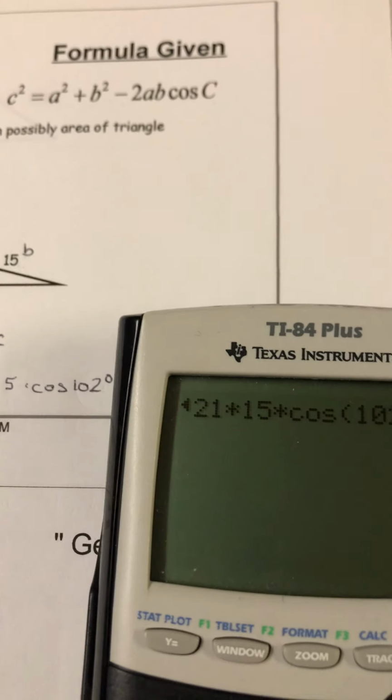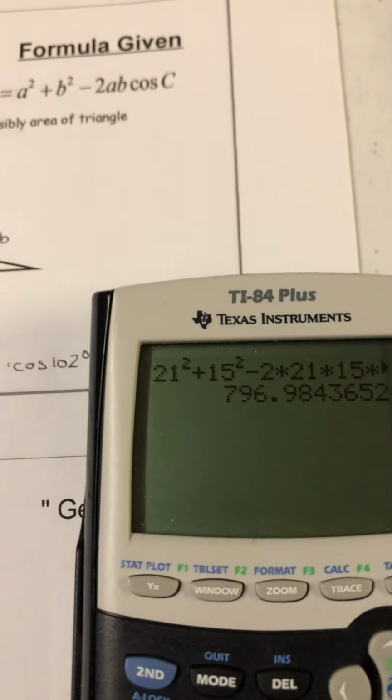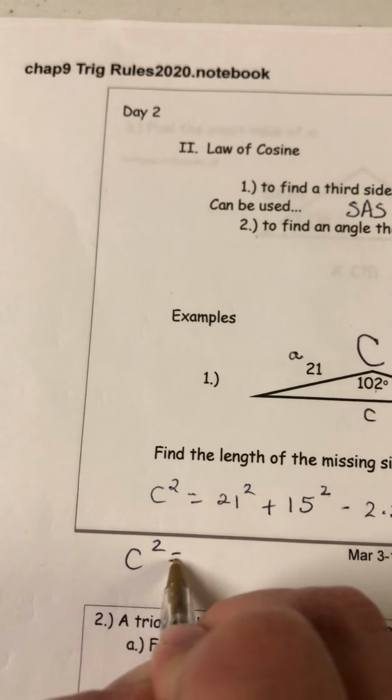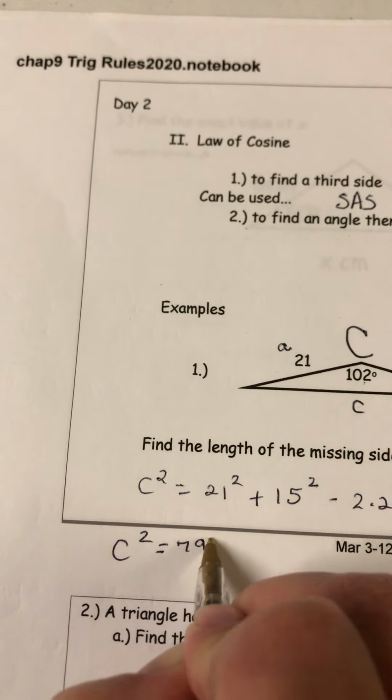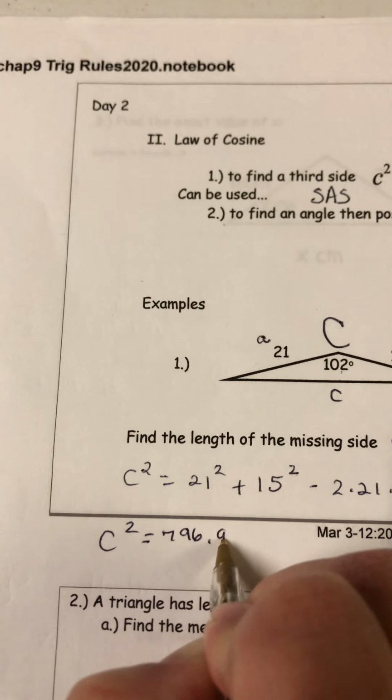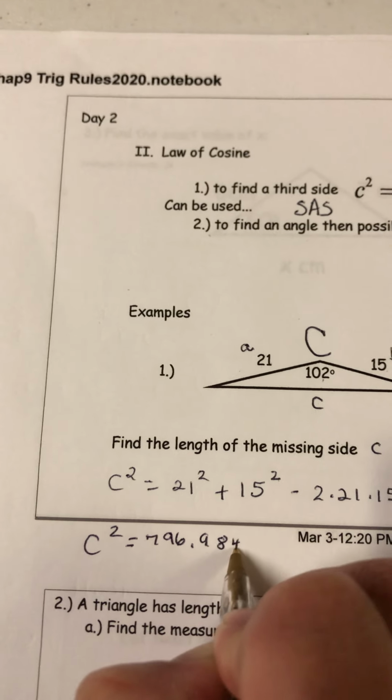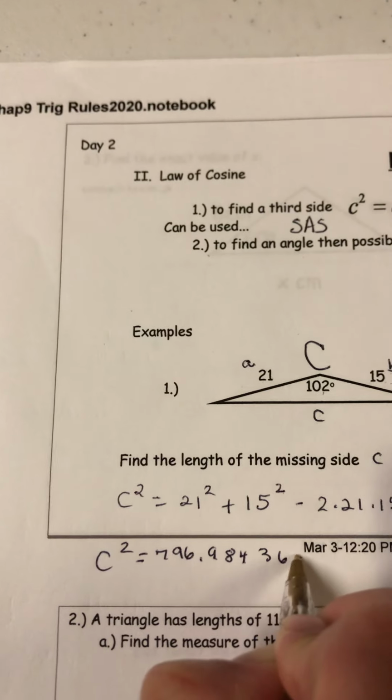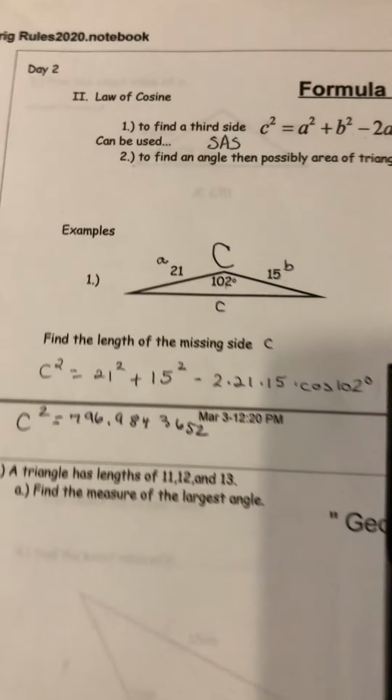Close your parentheses. You'll get a big lengthy number, no problem. So I get here, c squared is equal to 796.9843652. You'll notice I didn't round yet because I'm not done yet.